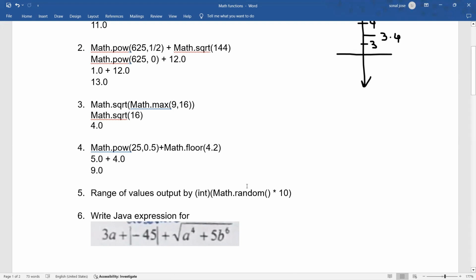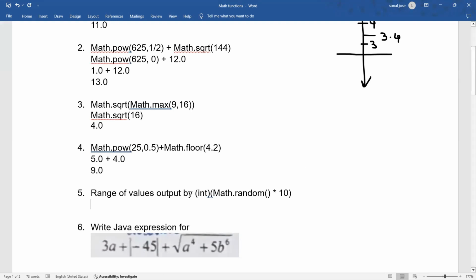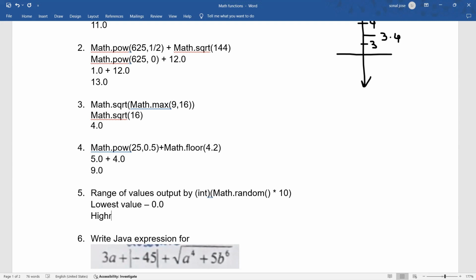Okay. Last two examples. So here we have range of values returned as output by this particular method. Whenever they ask you for math.random, how do we solve this? We first say the lowest value returned by math.random is 0.0. What is the highest value that can be returned? It is 0.999, infinite.